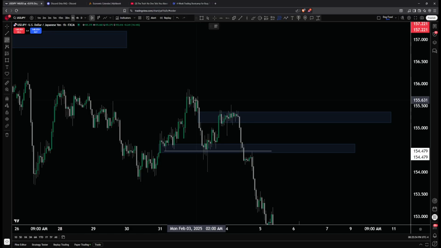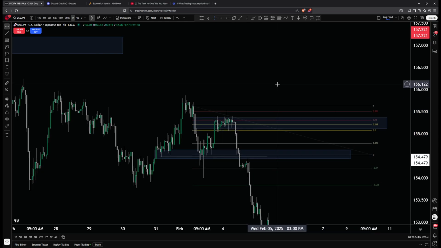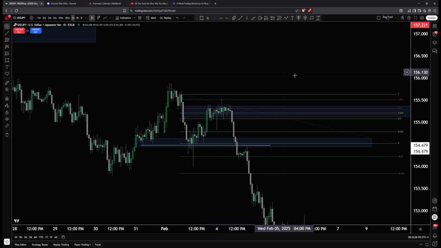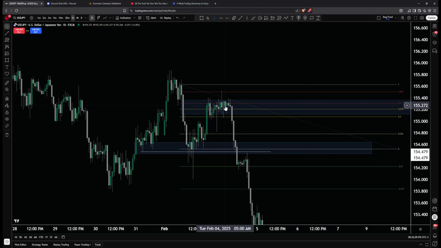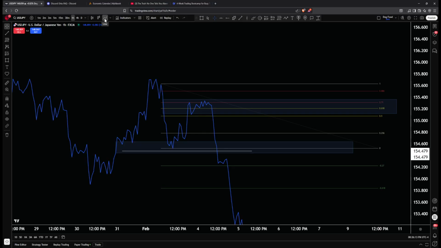Let me grab my Fibs, from this high, the last high before it broke the structure, to the last low before it started coming back up. Right there. And then I also see market patterns in here. Beautiful little M, right? Triple top, little M. Head and shoulders, really like a little baby head and shoulders, right?